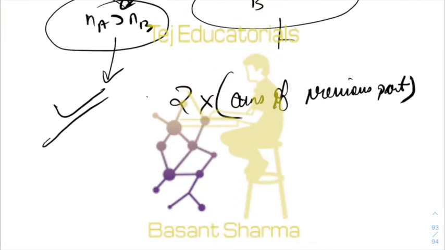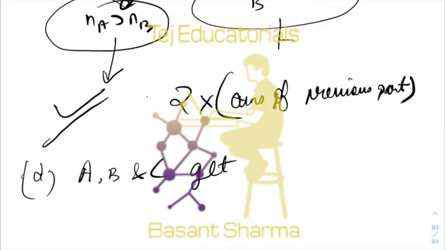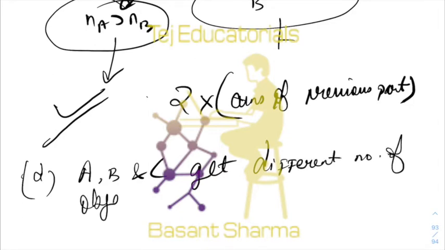All right. Now the next question is part D. A, B and C get different numbers of objects. Now, if A, B and C should get different numbers of objects, think like this.